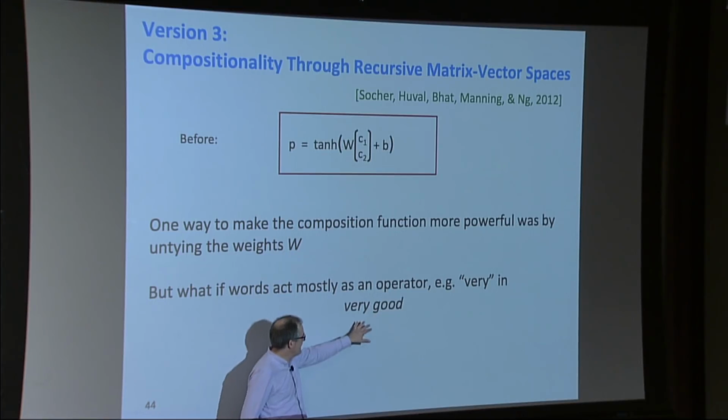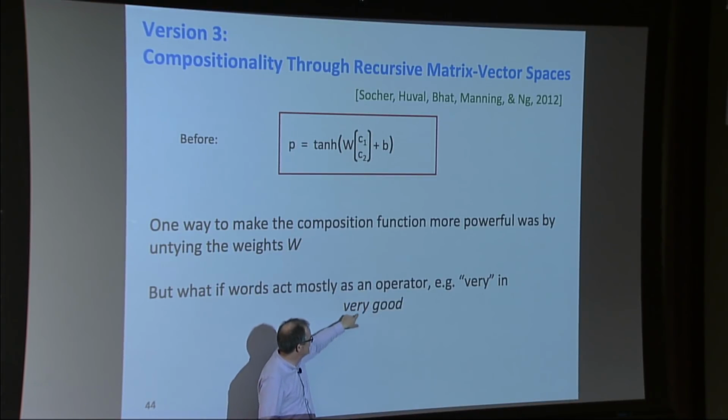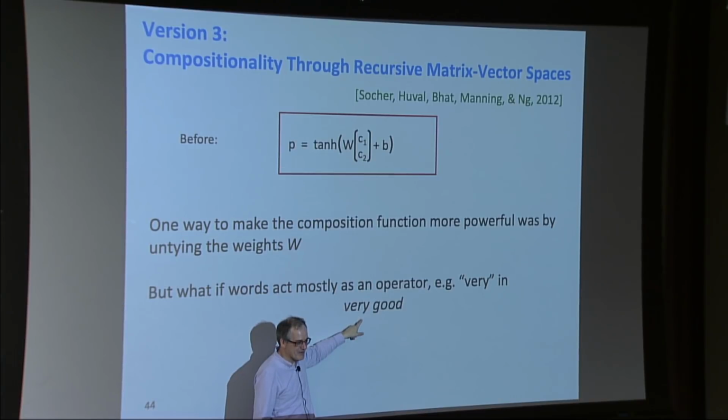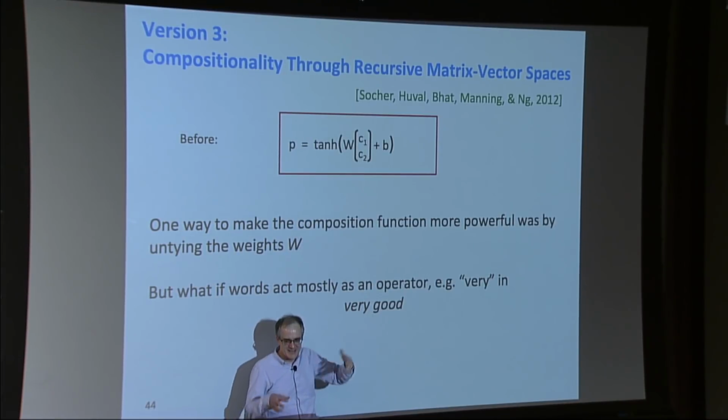So in particular, if you think about human languages and the kind of things that people look at in linguistic semantics, you get words that appear to be modifiers or operators. So the word "very" doesn't mean much by itself. I mean, it means something like strengthening or "more so". But it doesn't really have a denotation.